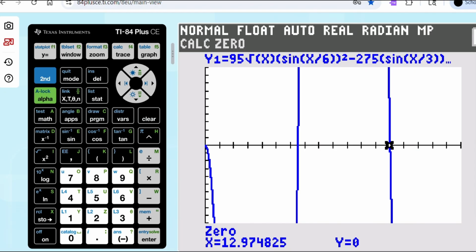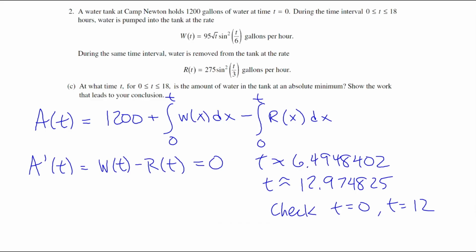So we don't really need to test t equals 0 or t equals 12.975. Now you can, but if you don't test them, we're going to make a little statement that says, we'll say A prime less than 0 on t, we'll say 0 less than t less than 6.495.